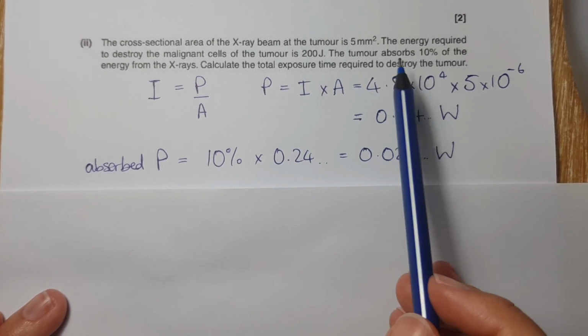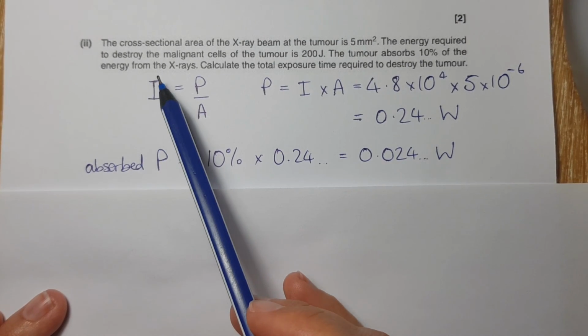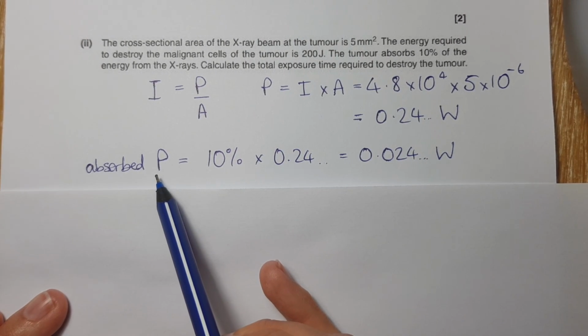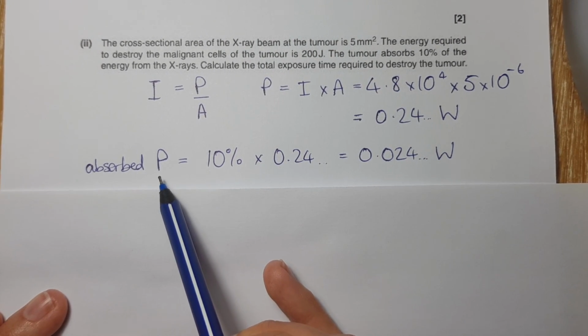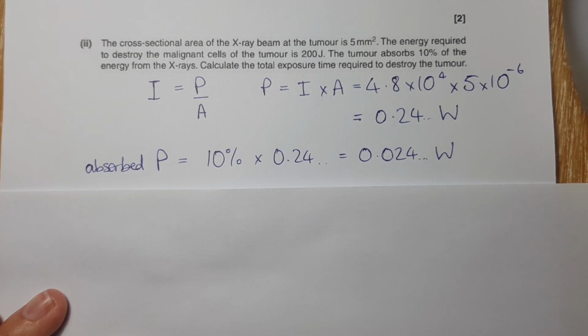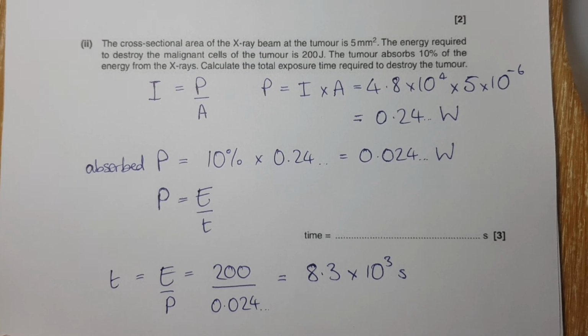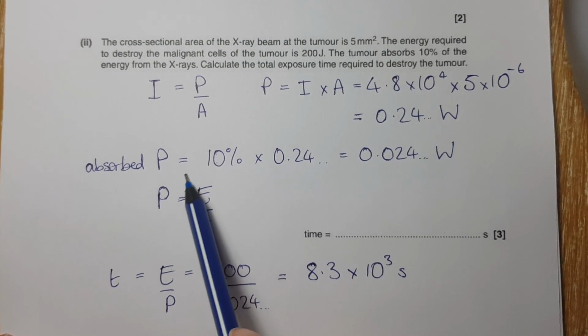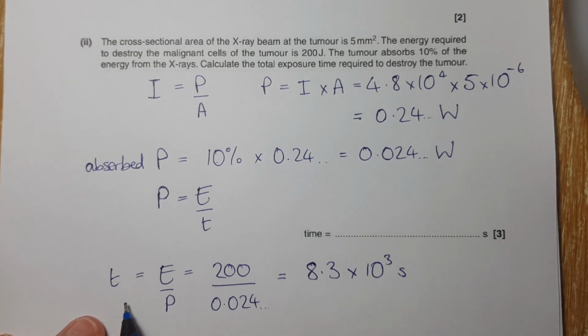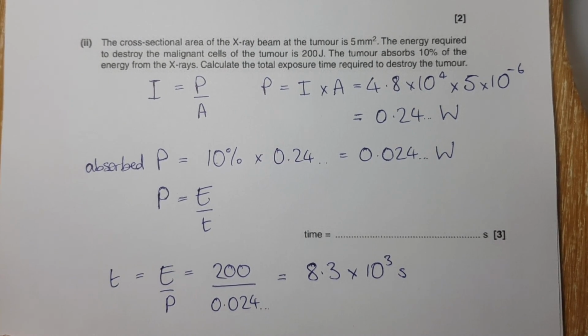But we're told only 10% of the energy from the beam is actually absorbed, and so that means that the power absorbed by the cancer cells is only going to be 10% of what we've just worked out. And lastly there, we use our familiar formula for power and rearrange for time, and then that gives us how long we need to kill the tumour.